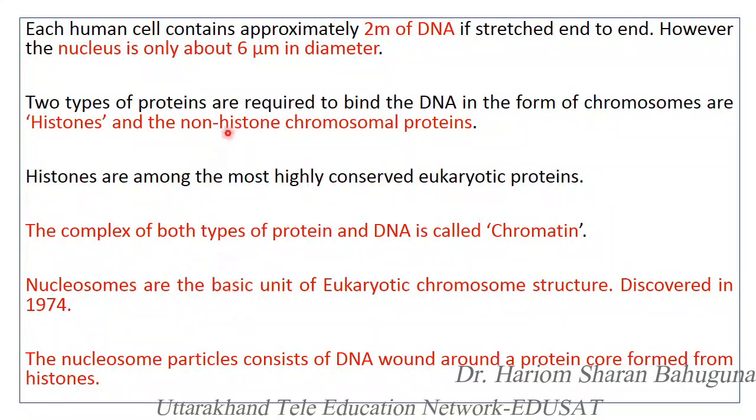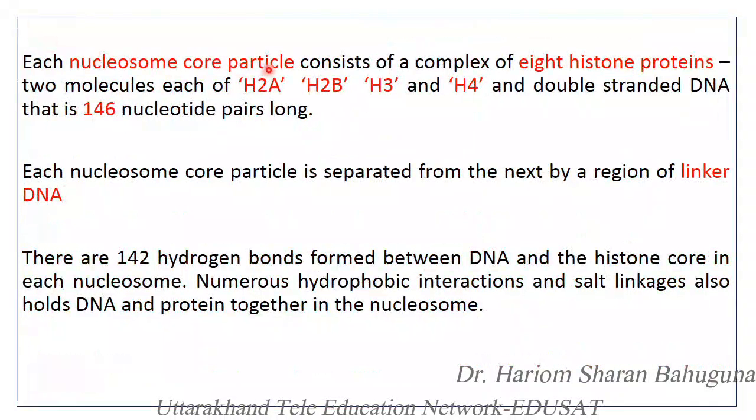It means that the double helical DNA remains folded around a protein core, and this protein core is made up of histone. Each nucleosome core particle consists of a complex of 8 histone protein particles.